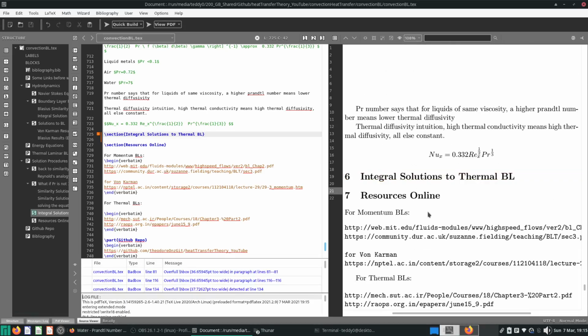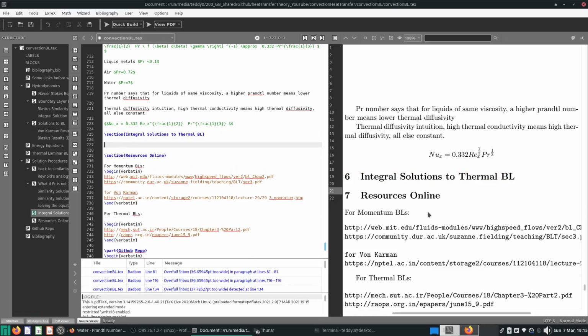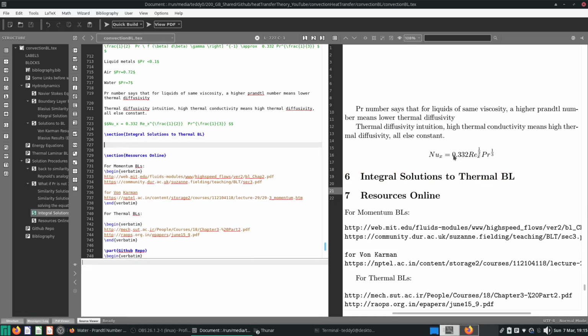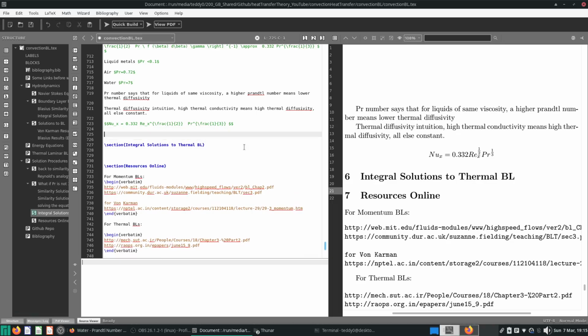Of course, you can also integrate this out for Nu_L. Nu_L equals 1 over L, integrated from 0 to L dx of this whole thing, Nu_x.